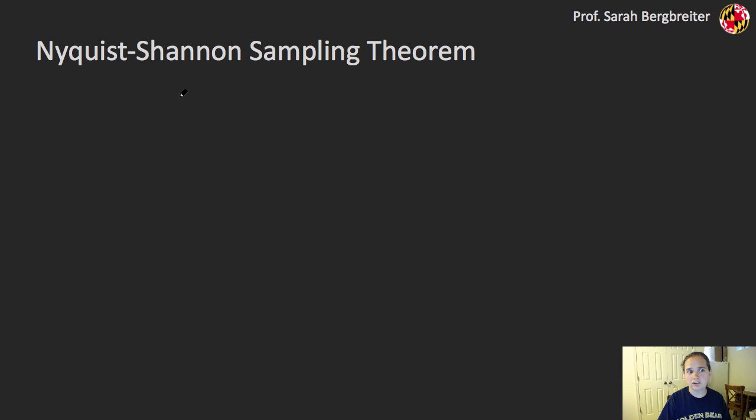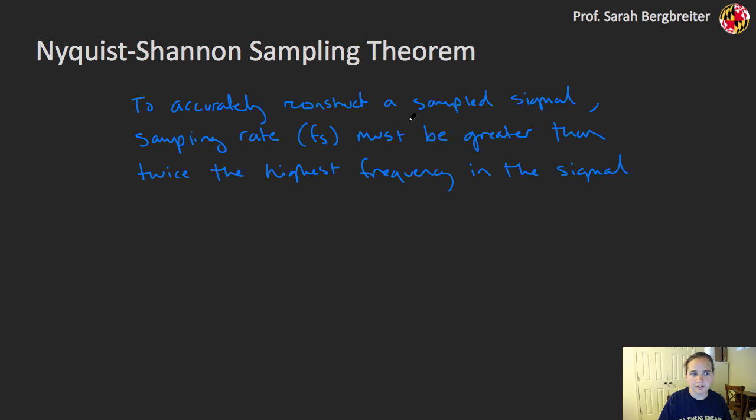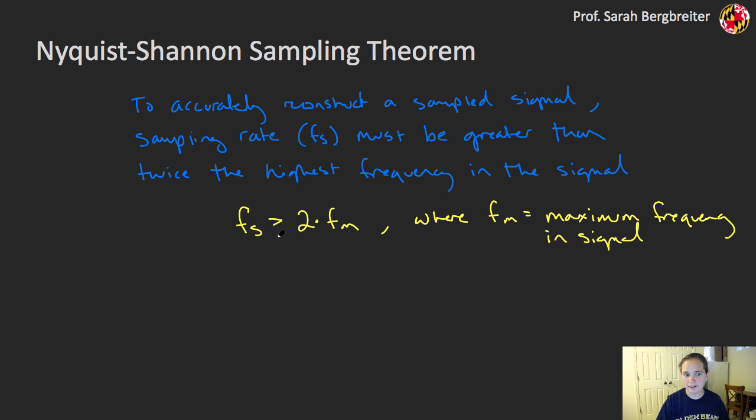The Nyquist-Shannon sampling theorem says that to accurately reconstruct a sampled signal, the sampling rate, or fs, has to be greater than twice the maximum, or highest, frequency in the signal. Another way of writing that is fs has to be greater than 2fm, where we define fm as the maximum frequency in the signal.